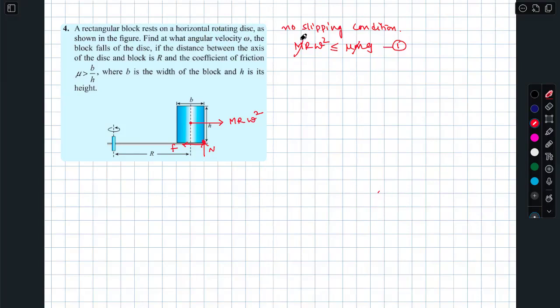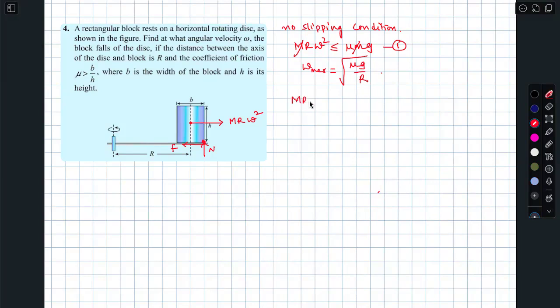Now m r omega square, this is the no slipping condition, right? So omega max allowed is root mu g by r. Now there is no slipping. Now what about toppling?